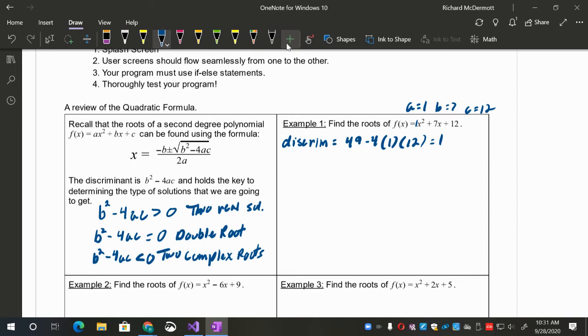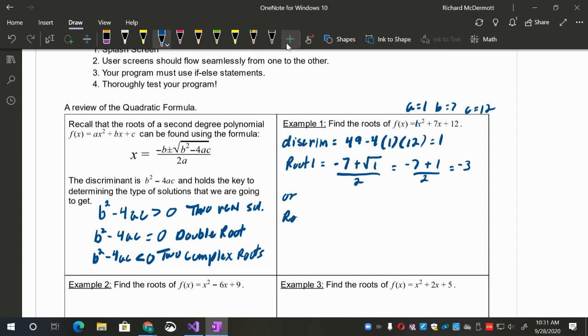So now I can say root 1 is equal to negative b, so that's negative 7, plus the square root of 1, divided by 2, which gives me negative 7 plus 1 divided by 2, which is negative 3.